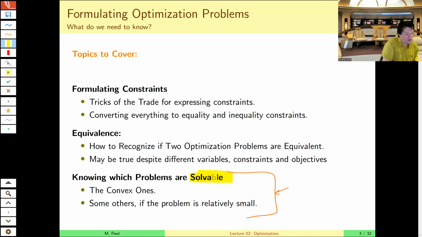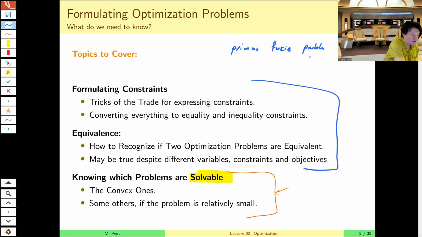So we start with our prima facie optimization problem, or the one we just come up with right away, and then we would like to use these reformulations right here to come up with one which is solvable. And which ones are solvable? Well, we cover that at the end, so it's a little bit dodgy to do it that way, but that's what we have.